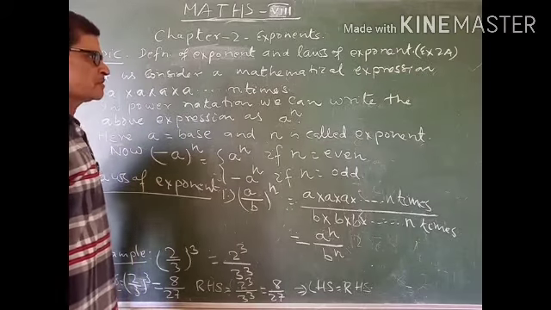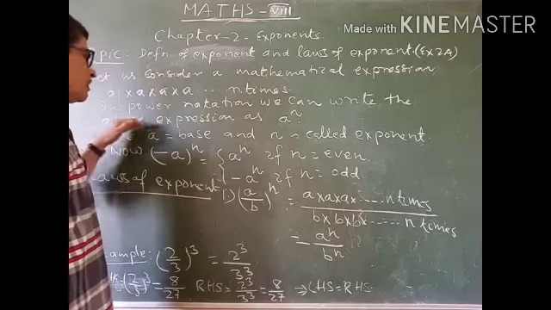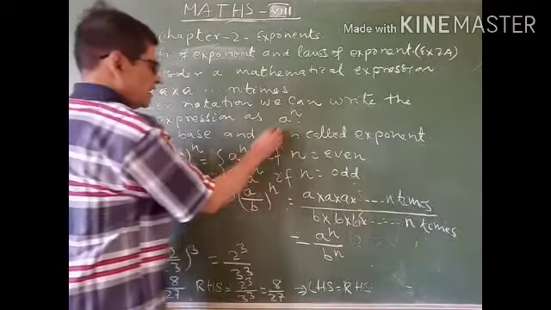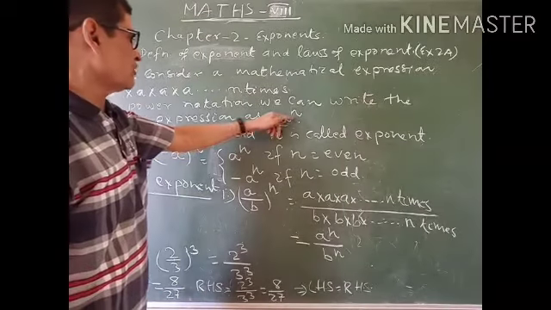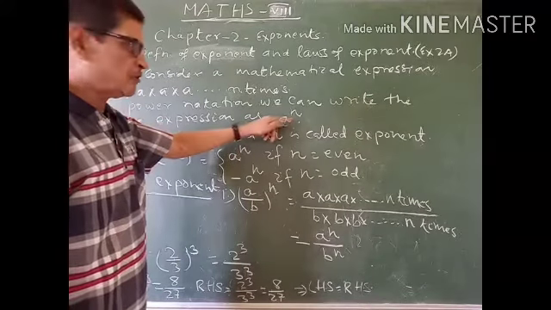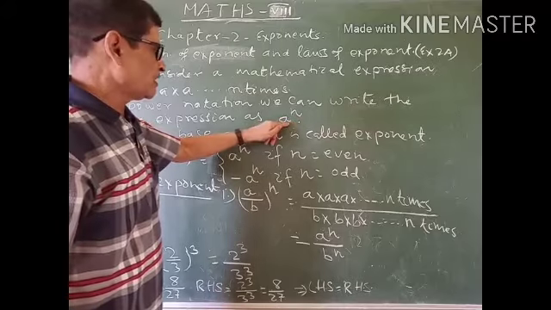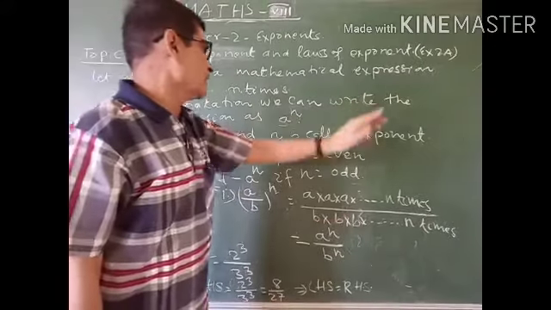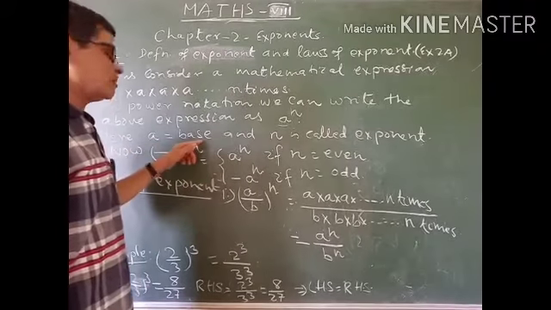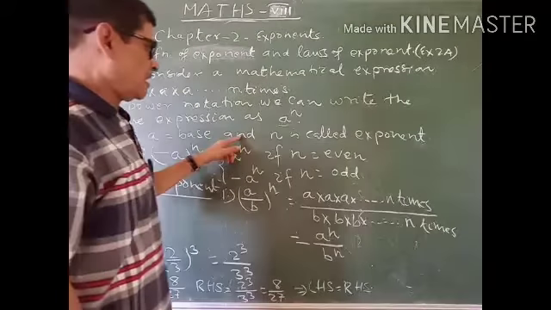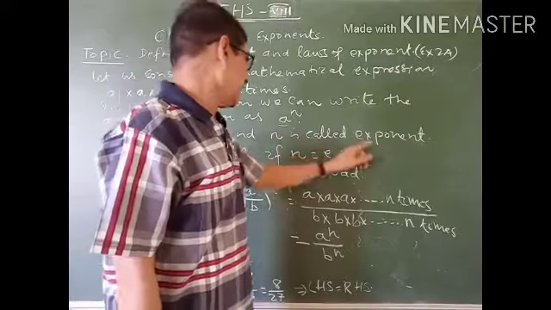In power notation, you can write the above expression as a to the power n. What does it mean, a to the power n? It means we have to multiply a up to n times. Here, a is called base and n is called exponent.